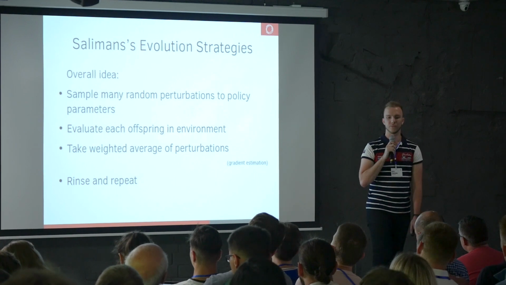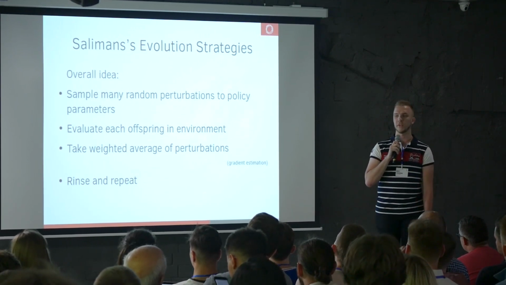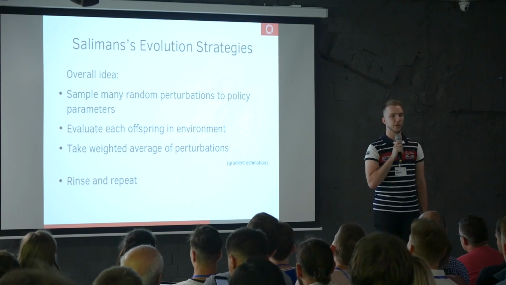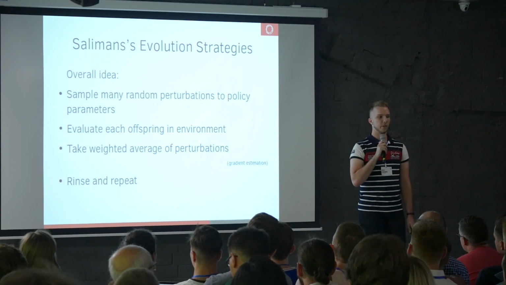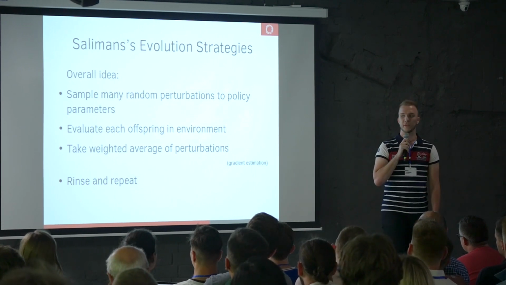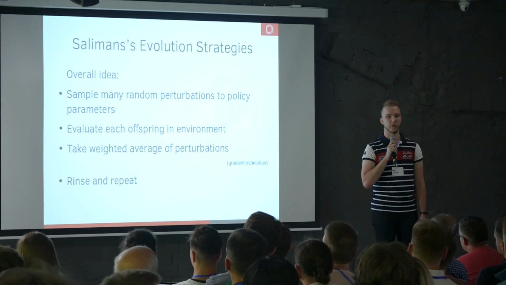And why does it work? It works as an approximation of stochastic gradient descent, and it only works because you need to sample really many of these policies, from 100 to 10,000, to work stably.